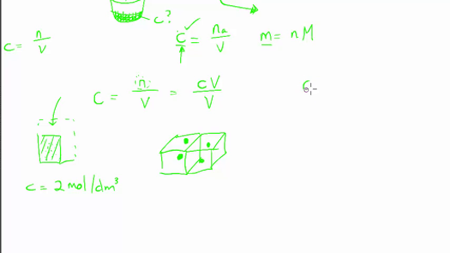But remember, initially concentration was n over V. Now I'm multiplying with a 1 over V. Do you understand? I don't know how to explain it differently.